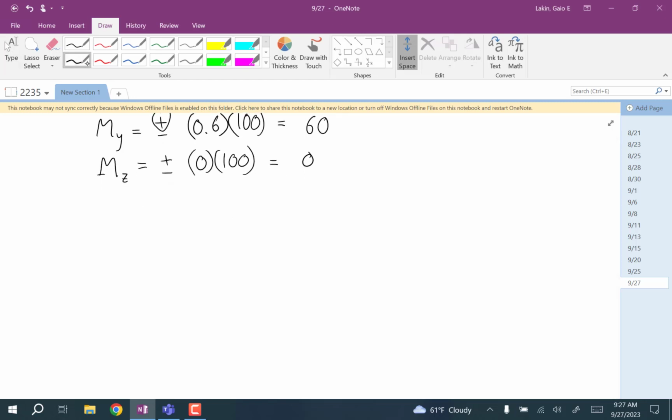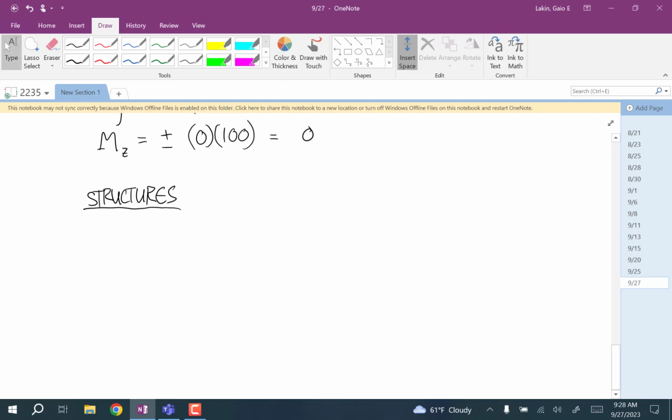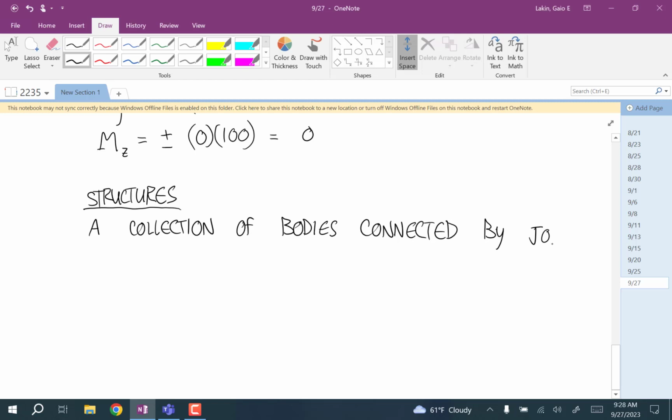This is structures. And a structure is a collection of bodies connected by joints in static equilibrium.